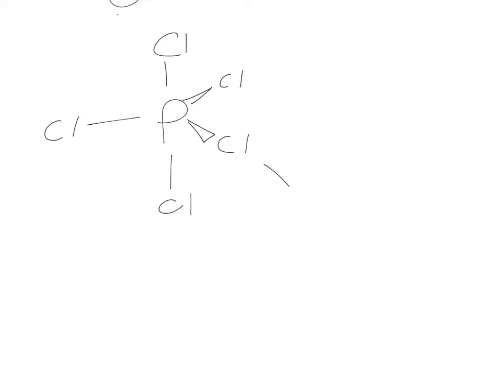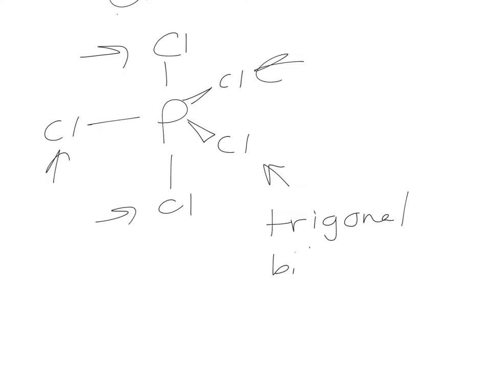So these chlorines, 1, 2, 3, those would look like a trigonal planar piece. And then we stick the other chlorines on top and bottom. So when you have all 5 like this, you have a trigonal bipyramidal shape.